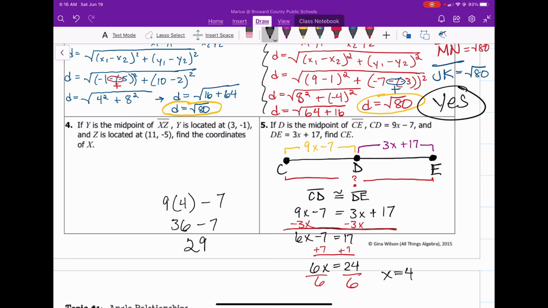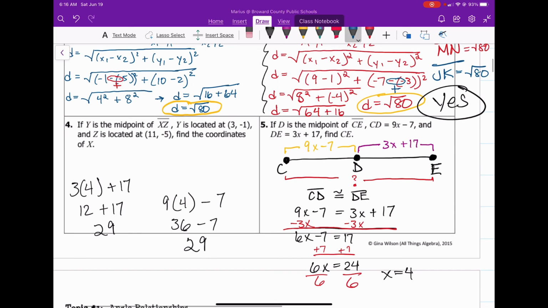So, if I wanted to make sure I was correct, we could also do 3 times 4 plus 17. 3 times 4 is 12. 12 plus 17 is 29. So we already see that both segments, both half segments are each 29.